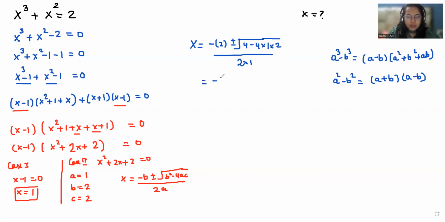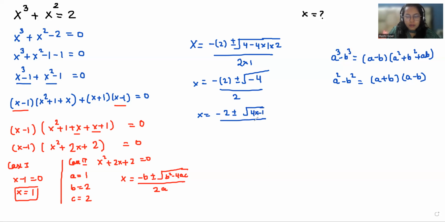So minus 2 plus minus under root, 4 times 2 is 8 and 4 minus 8 is minus 4, divided by 2.